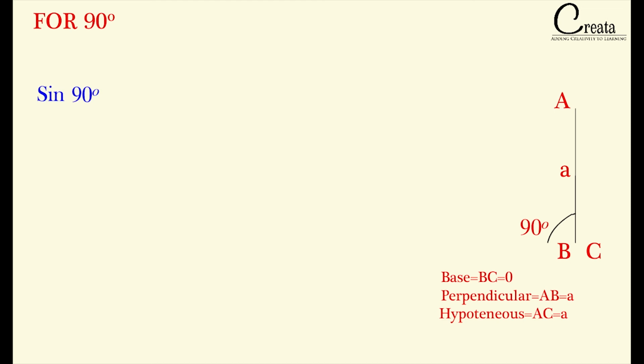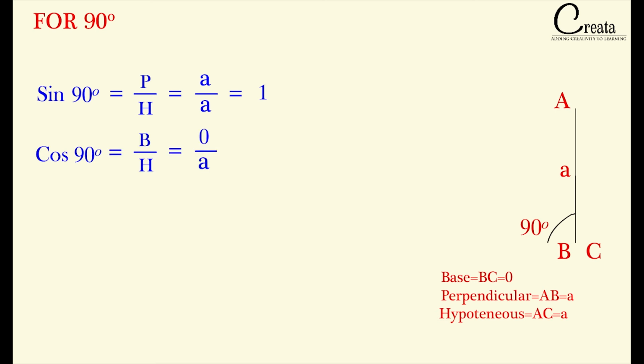Sin 90 degree will be P by H, that is A by A, which is 1. Cos 90 degree will be B by H, that is 0 by A, which is 0. And tan 90 degree will be P by B, that is A by 0, which is not defined. Okay, tan 90 degree is not defined. A by 0 is not defined.